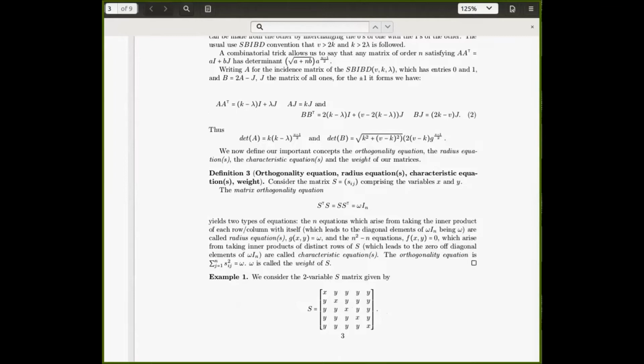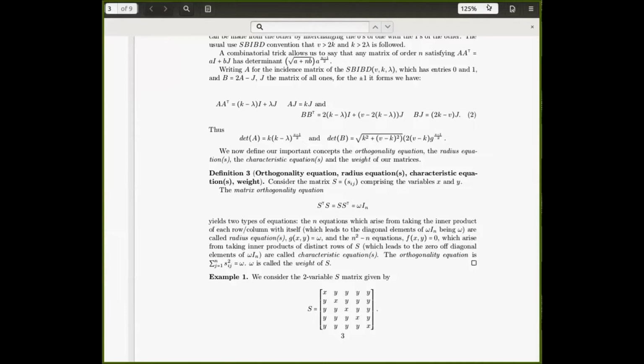It doesn't have to be N. N is what we're talking about with Hadamard matrices, but we're going to have a W. And this has got two types of equations which come from looking at the inner products of the rows and columns. First of all, the inner product of a row with itself will give us the omega, which has got to be constant. And we call that the radius.